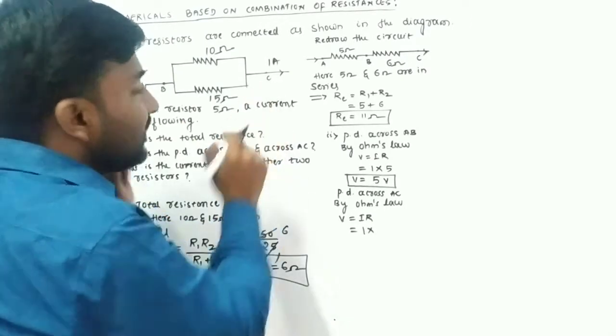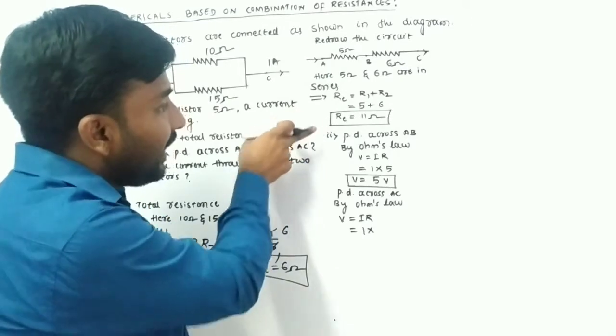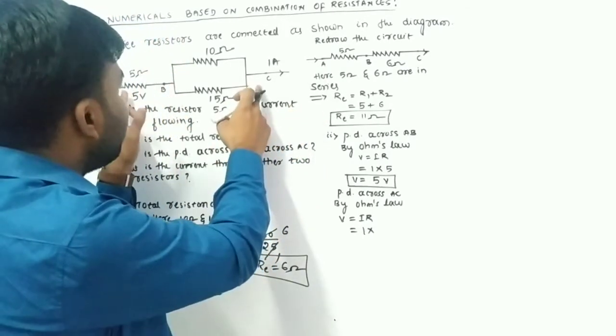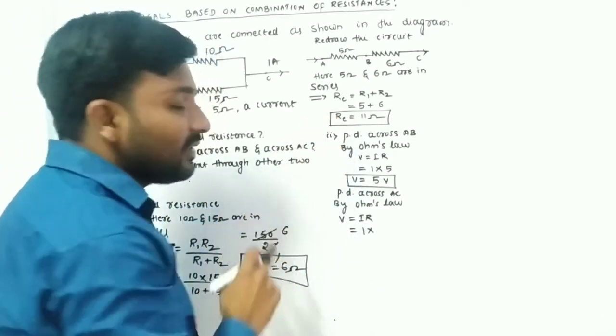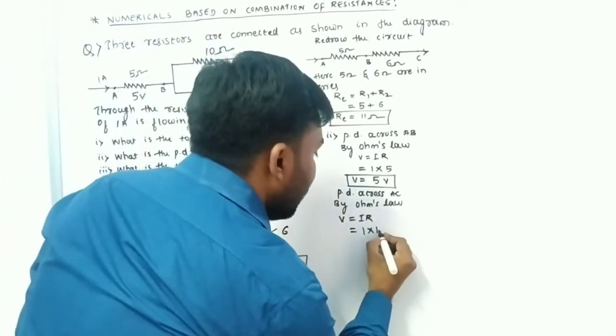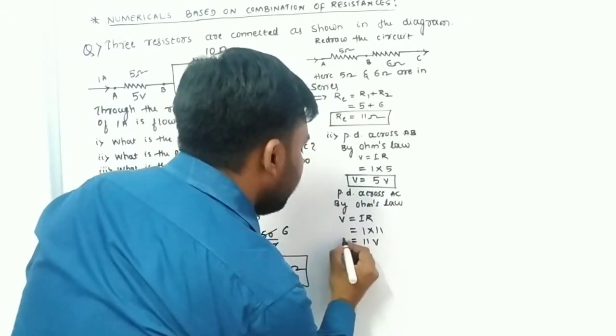In between A and C, what is the resistance? Already we have simplified the equivalent resistance. In place of these three resistances, we can fix a single resistance which is having the resistance 11 ohm. So 1 into 11, this is equal to 11 volt.